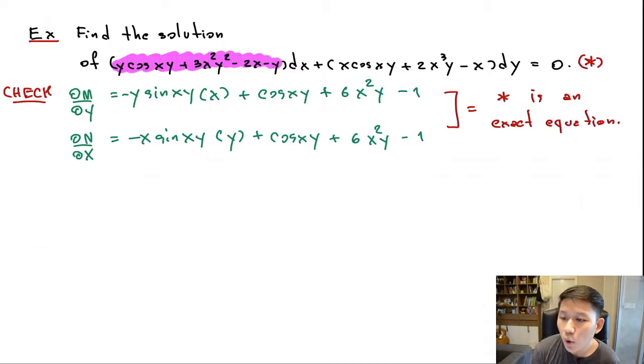So what happens if it's an exact equation? We have two choices, right? We can begin with df by dx equals M, or df by dy equals N. It depends on which one is easier to integrate, right?